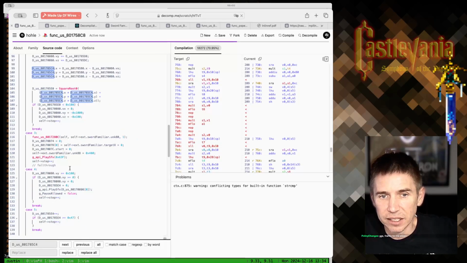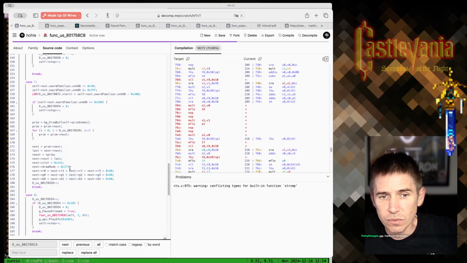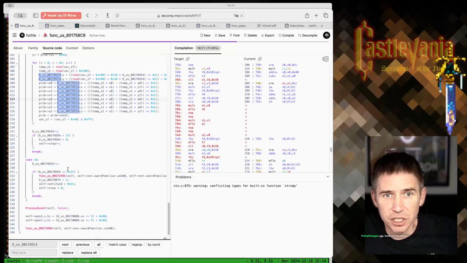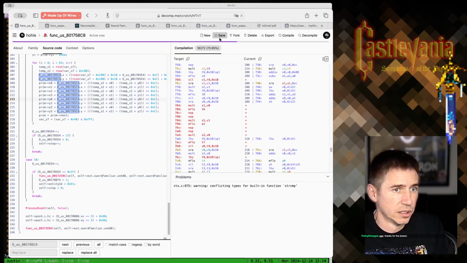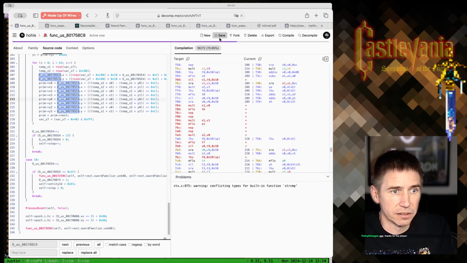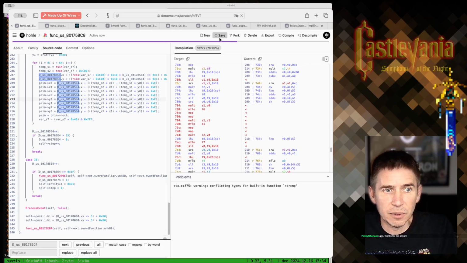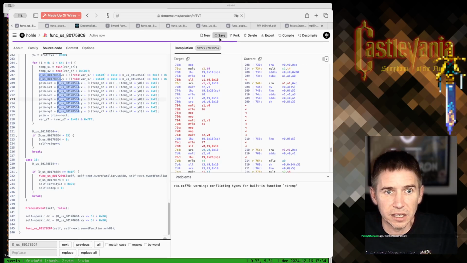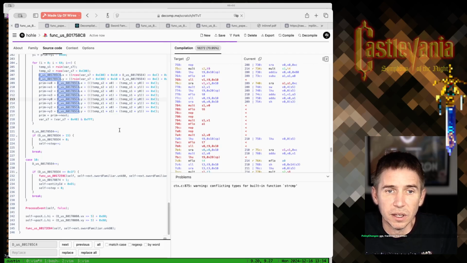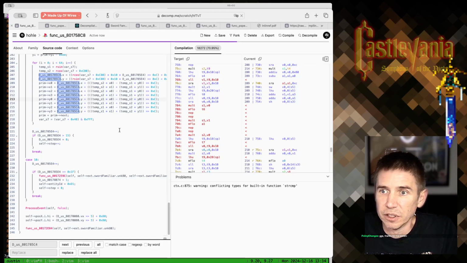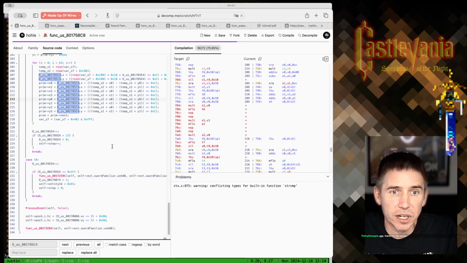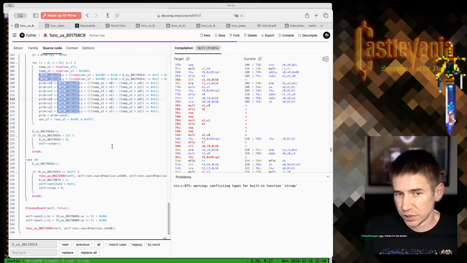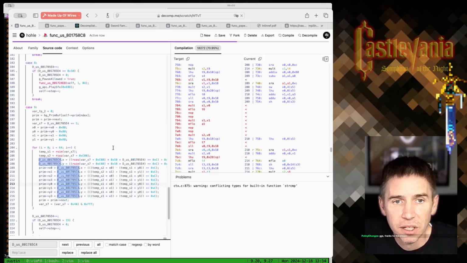I think I might shelve this for tomorrow and go back to one of the other 3, and I'll try to find one that I can hit with a breakpoint, and then we can play through the game a little bit and see where that's being hit and try to figure out what it might be for.